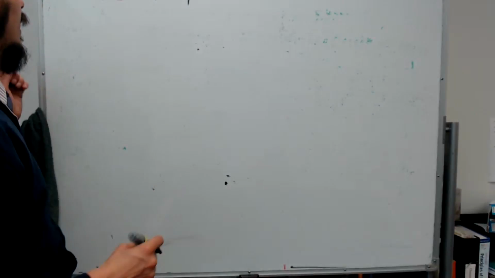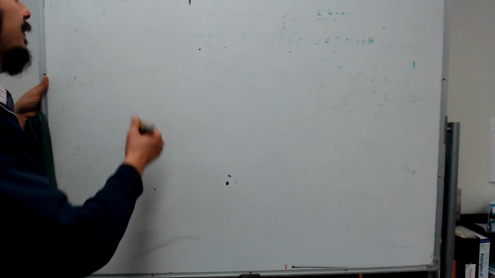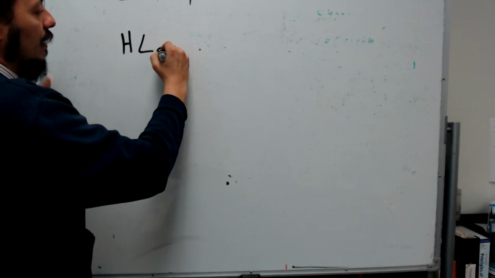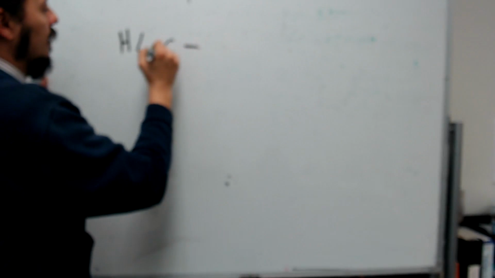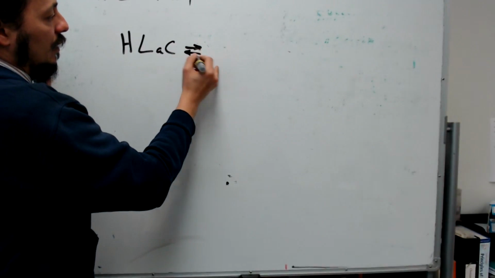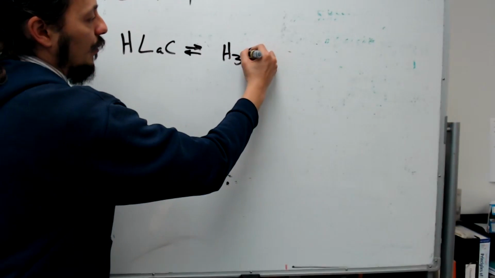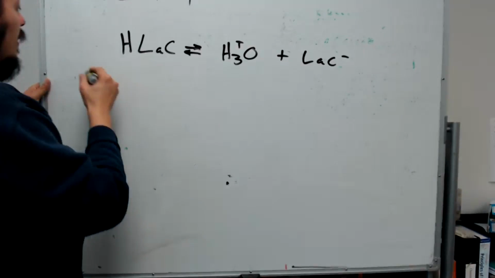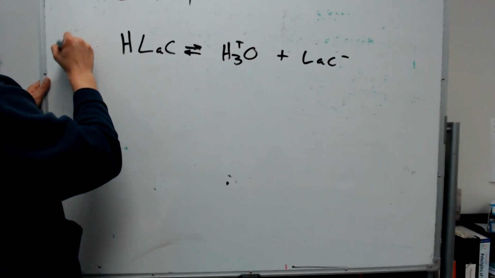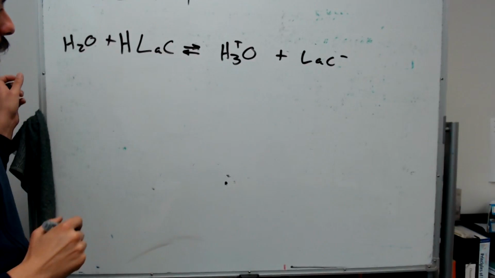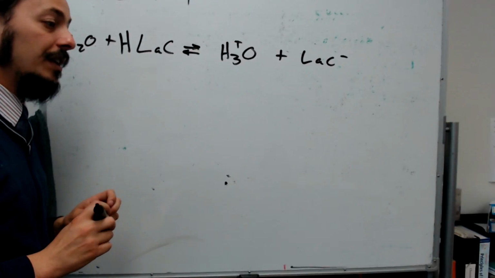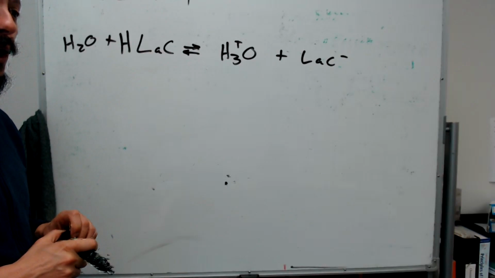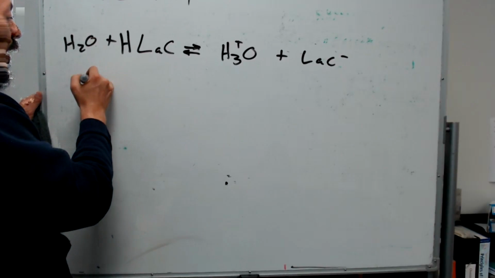We're going to do the lazy physical chemist way of talking about lactic acid. We're going to look at HLac going to H3O plus and Lac minus, and we've got an H2O over here that we're not too worried about. I'm going to do this in a really generic way because I think the first 4 problems all pretty much do the same thing.